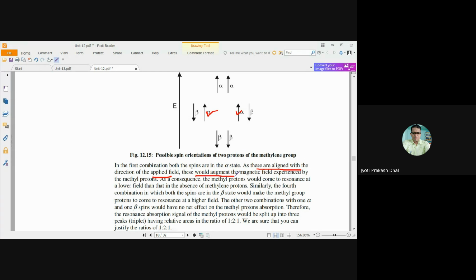This should augment the magnetic field experienced by the methyl protons. As a consequence, the methyl protons would come to resonance at a lower field than in the absence of the methylene protons. Similarly, in the first combination, the alpha state means the two CH2 protons align with the external magnetic field.